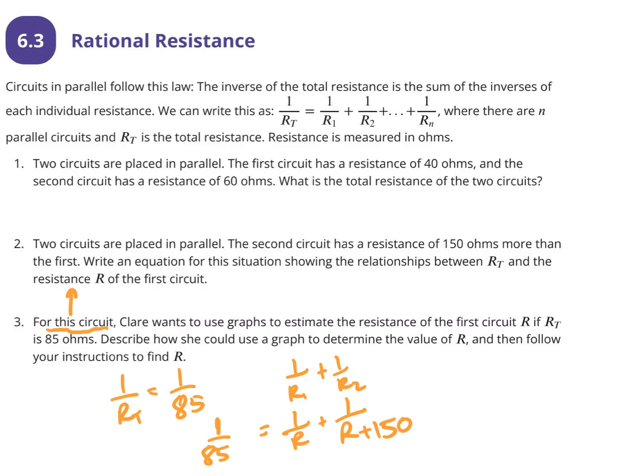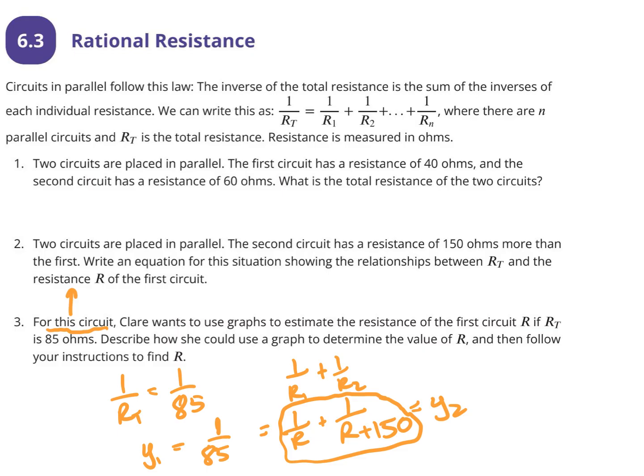And so now what we do is graph both of these. Graph this one. If y is equal to y, you set y1 equal to this one. You set y2 equal to this. And then get the points of intersection.